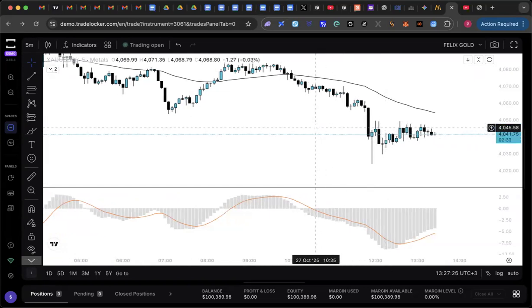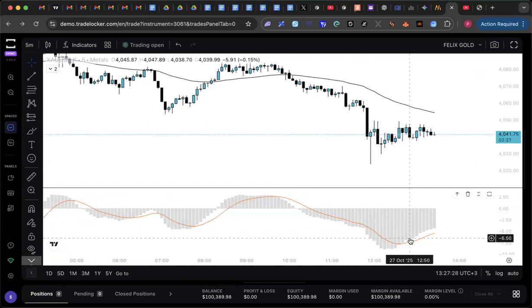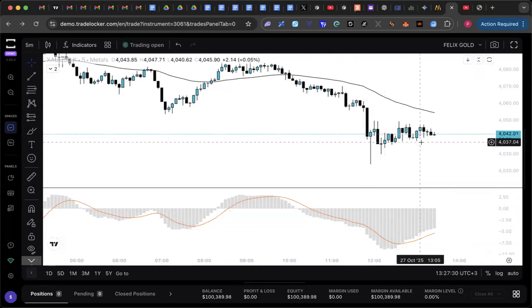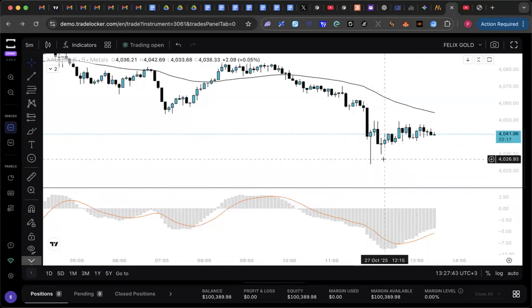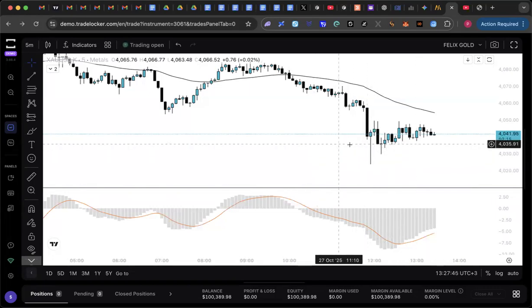That's how you use the 50 moving average and the MACD. Very simple. Over time, you learn more advanced ways of using them, but this is just the basic thing on how to use the MACD along with the 50 moving average.